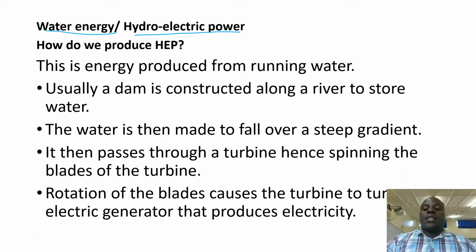You can ask yourself the question: how do we produce hydroelectric power? How is hydroelectric power produced or generated? Let me first outline some items which must be present. We must have a dam, and behind the dam there must be a reservoir, and a dam must have a gate.